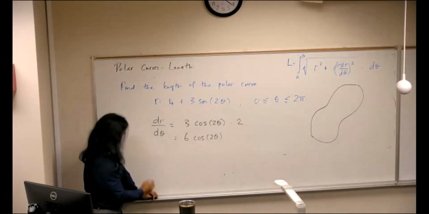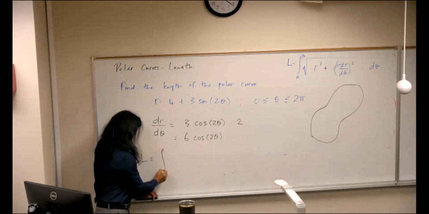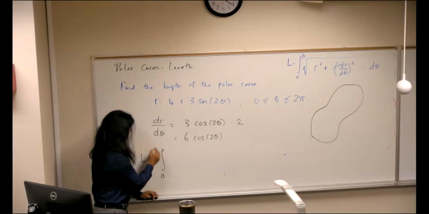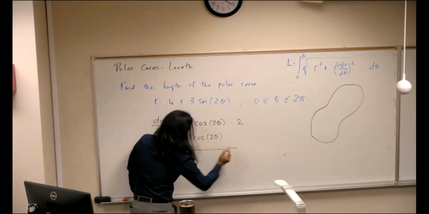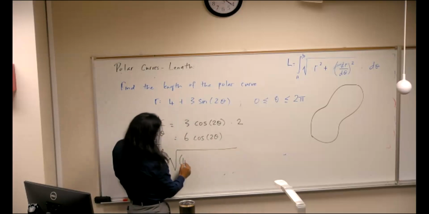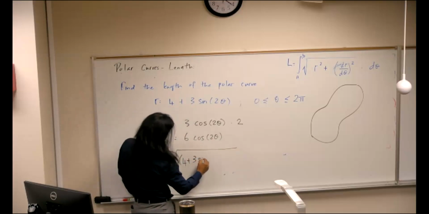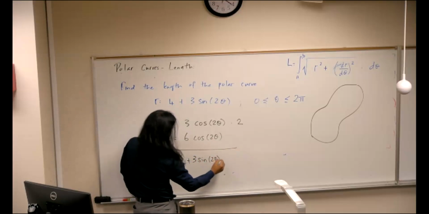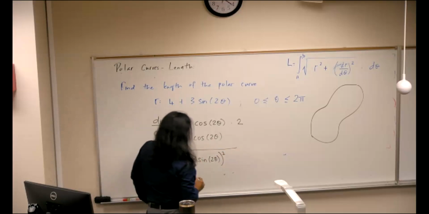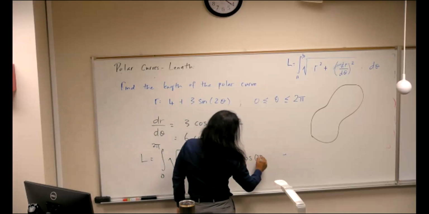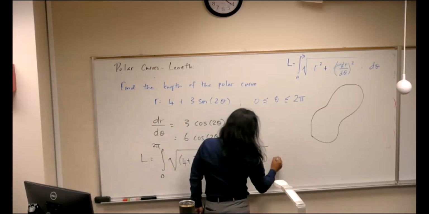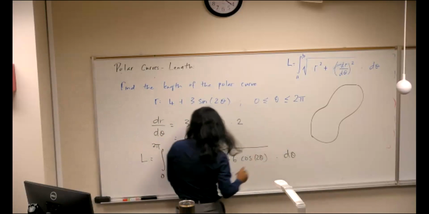Okay. Now the length from 0 to 2 pi is the integral of the square root of (4 plus 3 sine 2 theta) squared plus (6 cosine 2 theta) squared d theta.